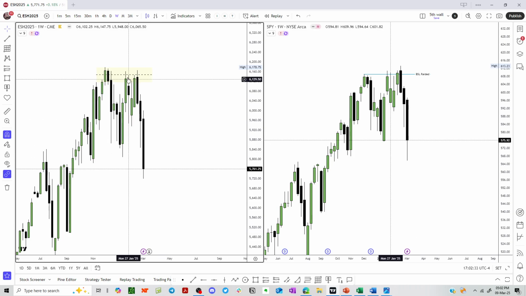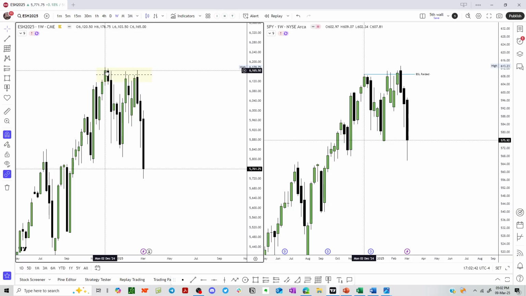All right. So from there, you can look at this multiple ways. You can even say this is a false breakout here, and this is a weekly chart. All right. And this is a weekly chart.